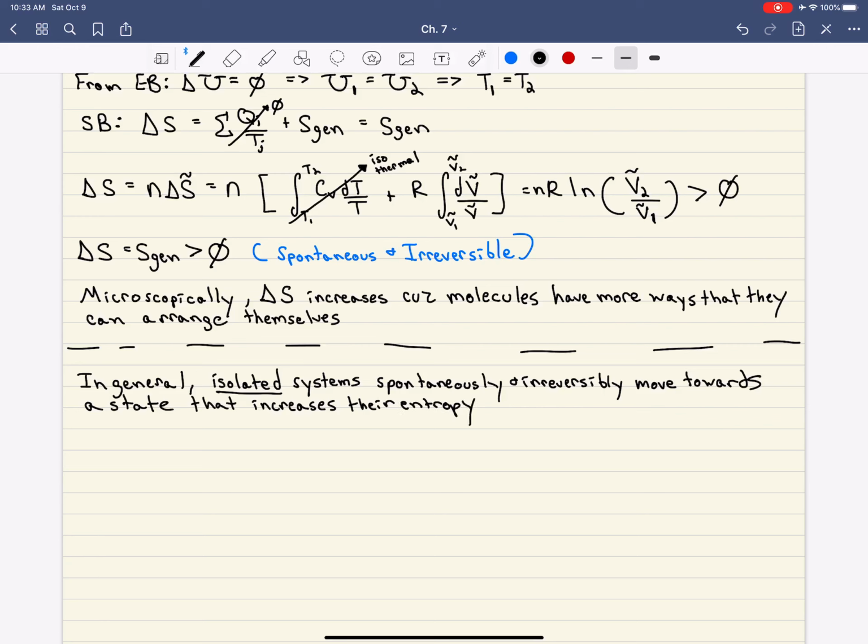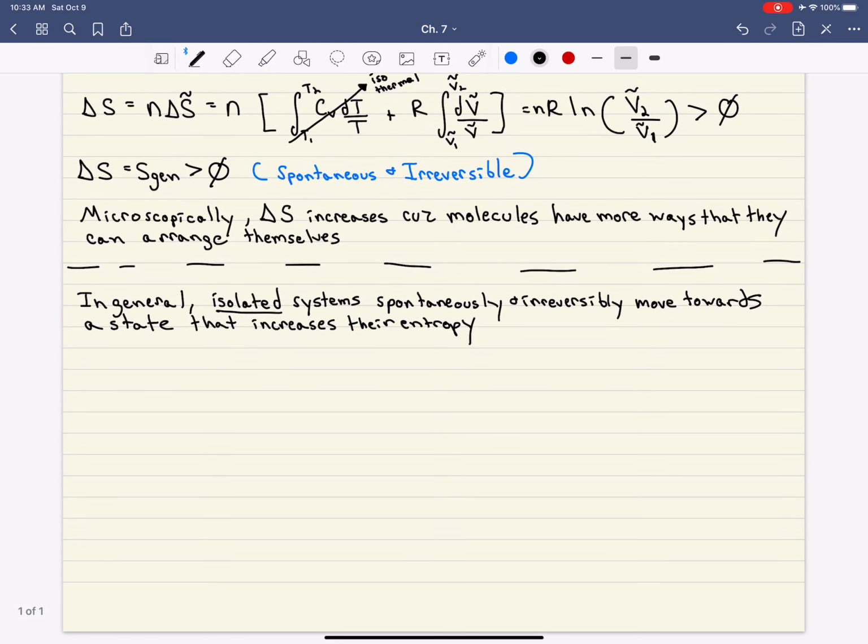And we see this in the expansion of a gas, so gases expanding to larger volumes.